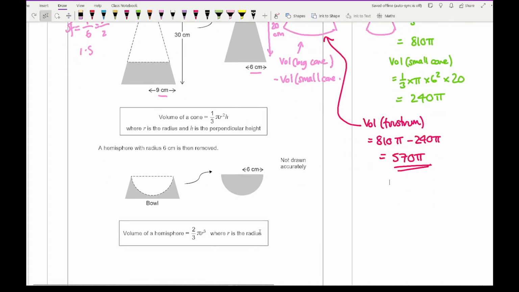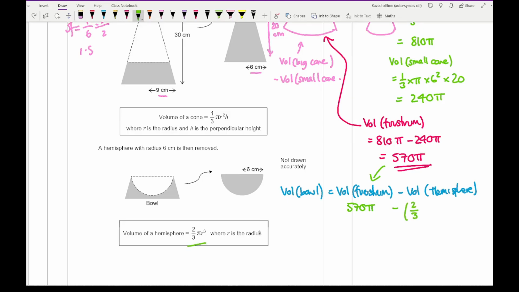Then what I've got to do is work out the volume of the bowl. The volume of the bowl is the volume of the frustum minus the volume of the hemisphere. The volume of the frustum, I've already worked out, is 570 pi, minus the volume of the hemisphere. The formula is here, so I'm just going to put that in brackets.